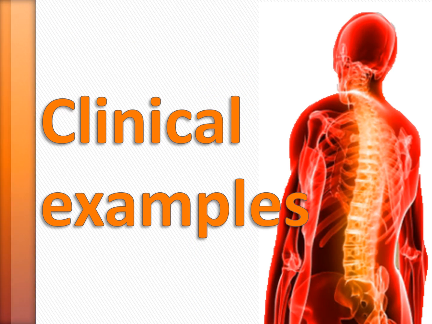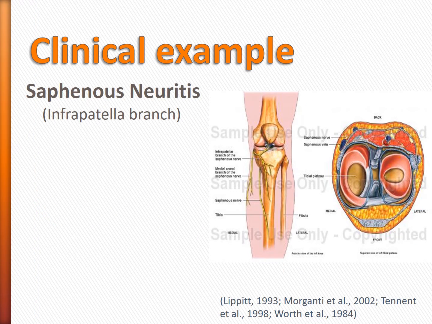Clinical examples. I like this example. Do you know saphenous neuritis? It is a local musculoskeletal problem that happens in the knee, mainly after total knee replacement.